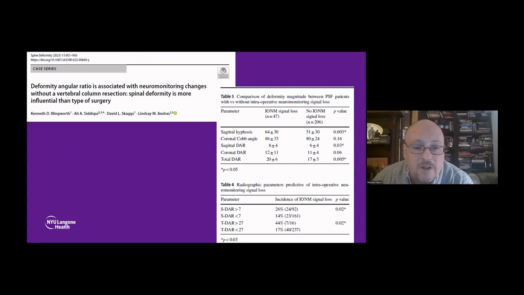And in this series, they demonstrated that the DAR, the angular ratio or the acuity, was more important than the procedures themselves or the overall magnitudes. And signal losses occurred when those values were significantly high, greater than 27, as you can see there.